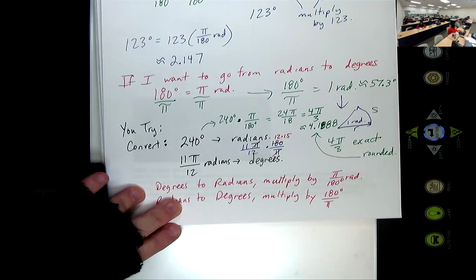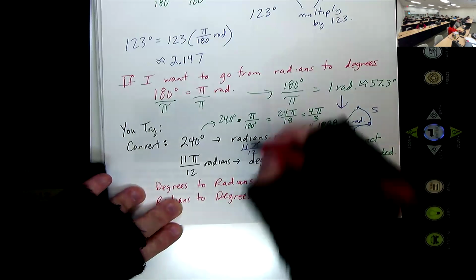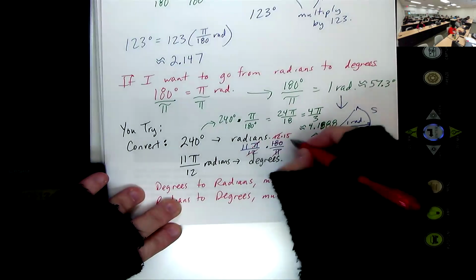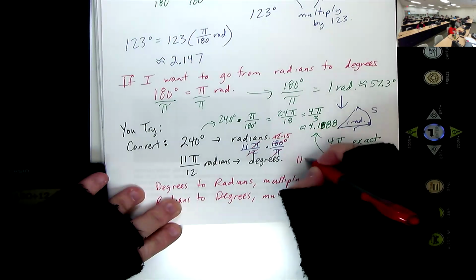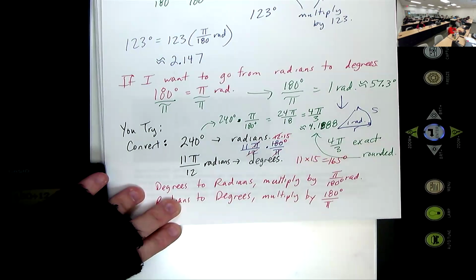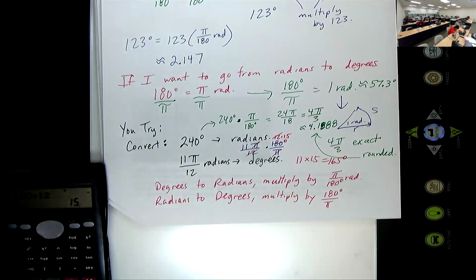I just divided 180 by 12 to find out. So the 12s cancel. And we're in degrees. This is 11 times 15, which is 165 degrees. Now, if you did it in the calculator, you should still have 165.